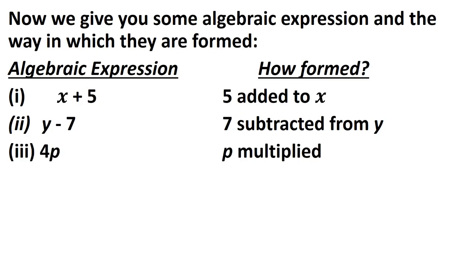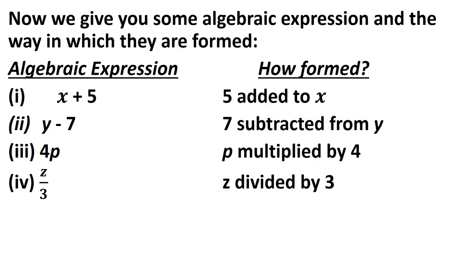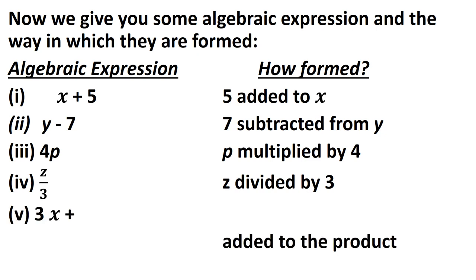Next is 4p. 4p means 4 multiplied by p. That means here p is multiplied by 4. Next, z upon 3. It means z divided by 3. Next is 3x plus 2.